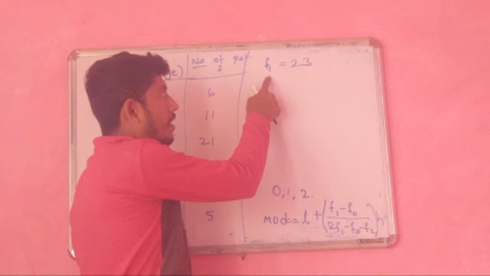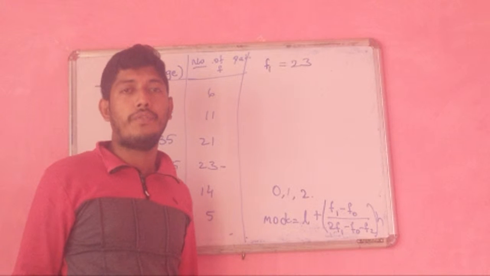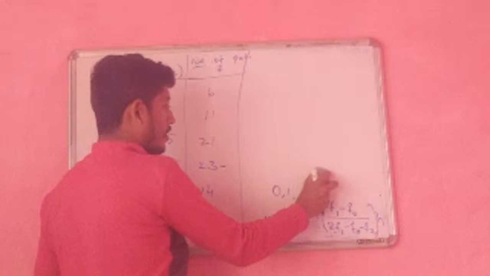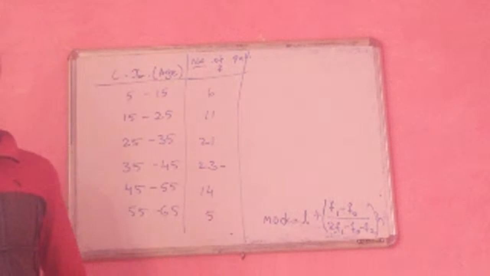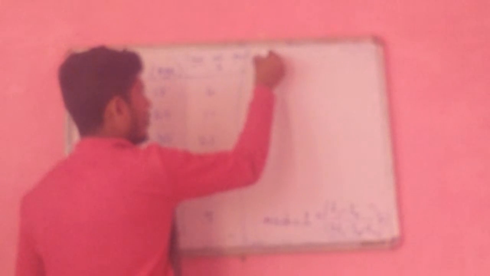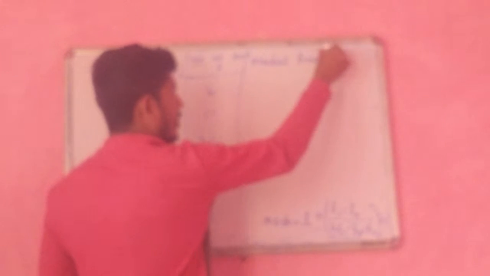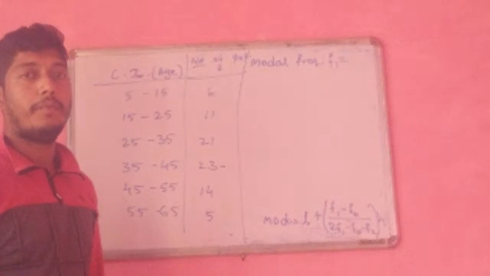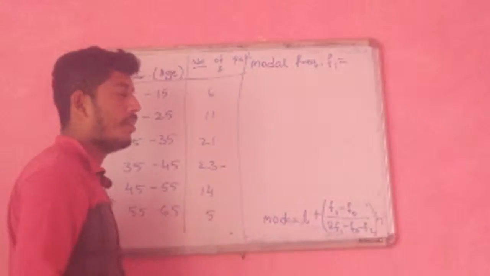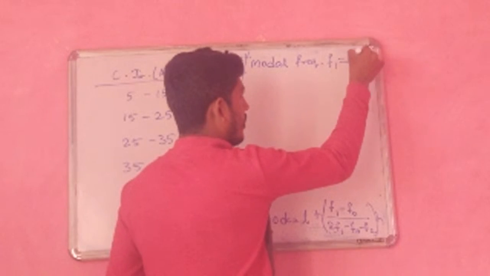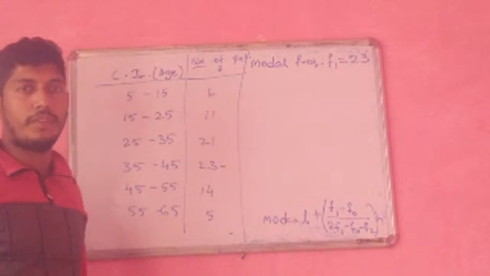F1 means modal frequency, which is the highest value in the frequency tabulation, that is 23 here. Therefore I will consider 23 as F1.